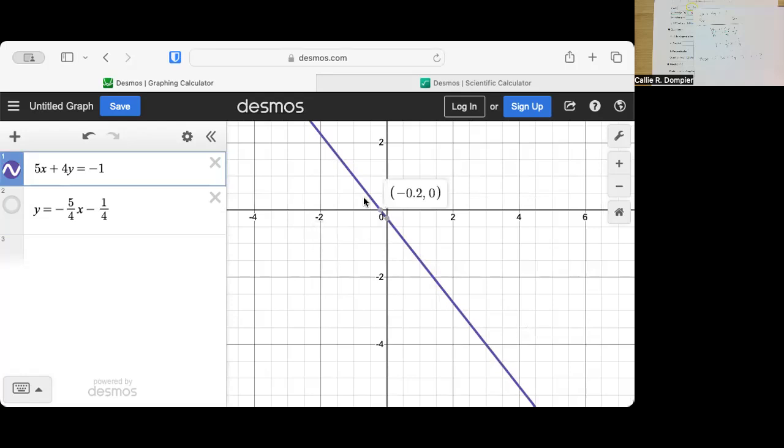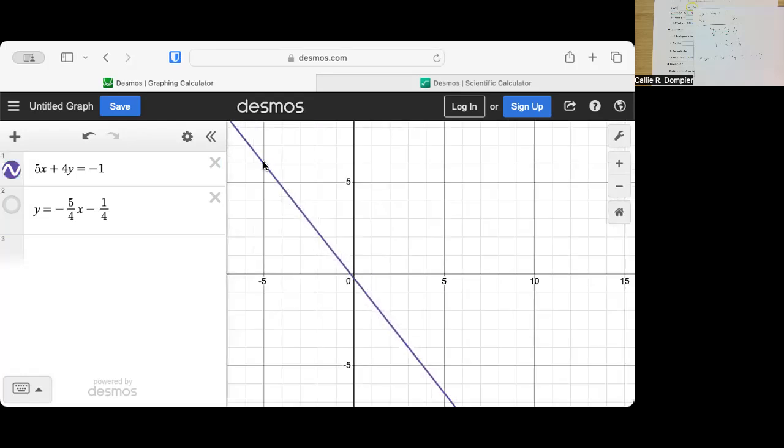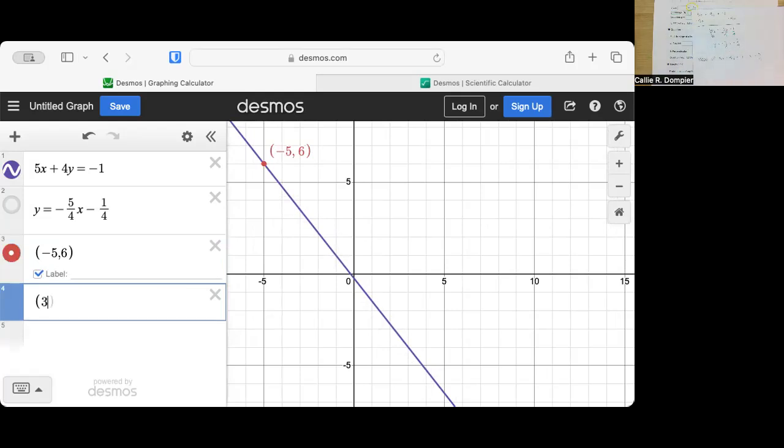And -5, 6. -5, 6 and 3, -4 both look like they're on the line, right?